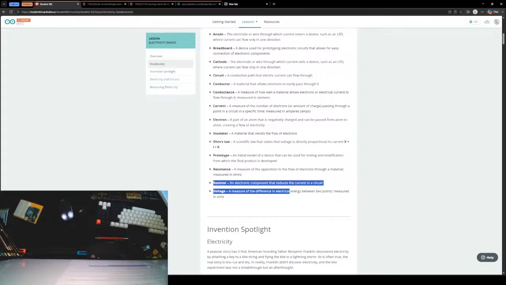Voltage: a measure of the difference in electrical energy between two points, measured in volts.